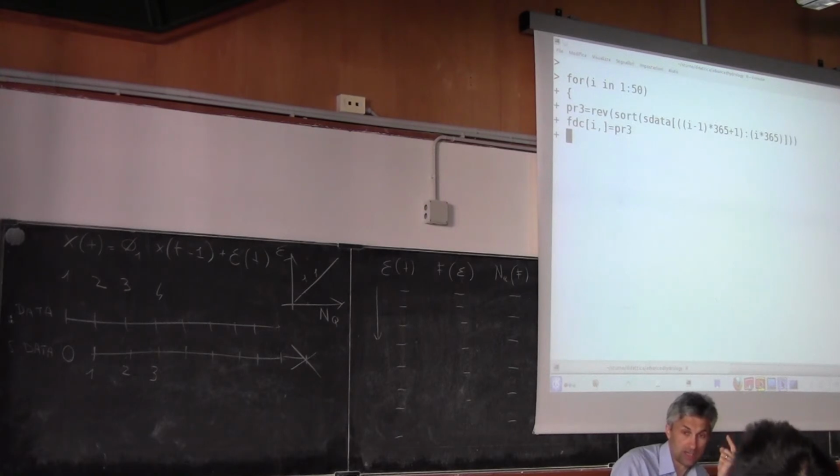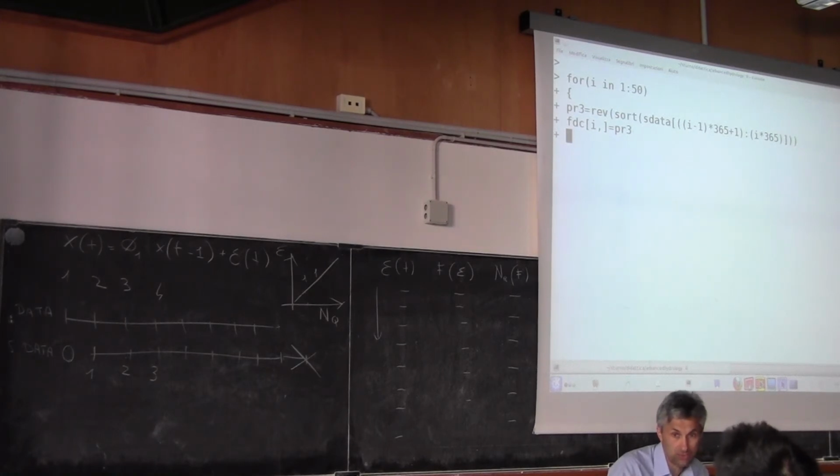So think at i equal 1. i minus 1 is 0, times 365 is 0, plus 1, so you get 1. And then you have i times 365. So at the first round you get from 1 to 365.